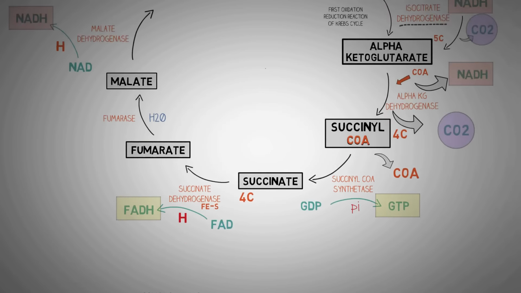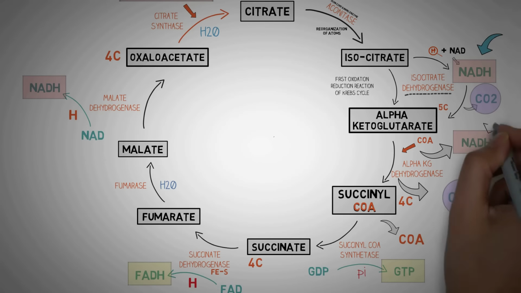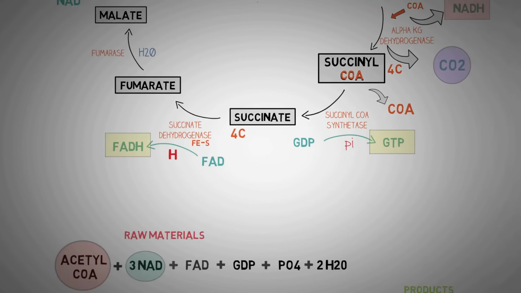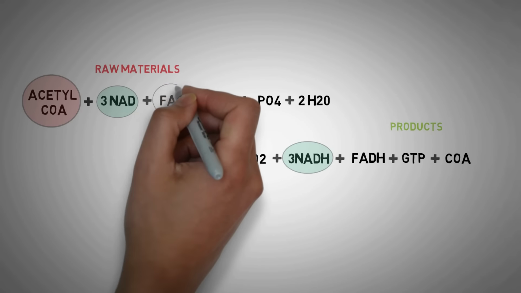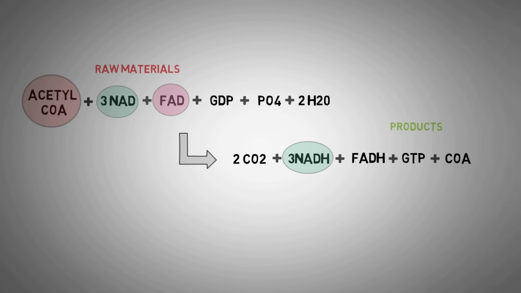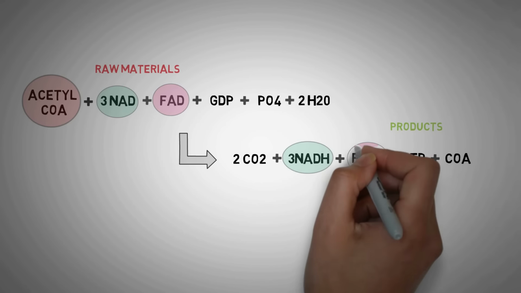Here you can see where the 3 NADH molecules are produced in the Krebs cycle. 1 FAD molecule is used, which gets reduced to 1 molecule of FADH.